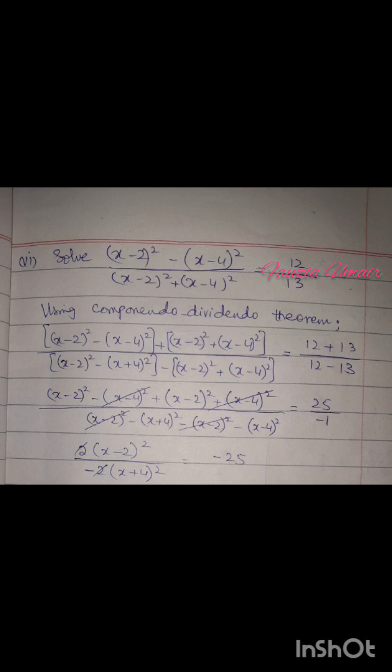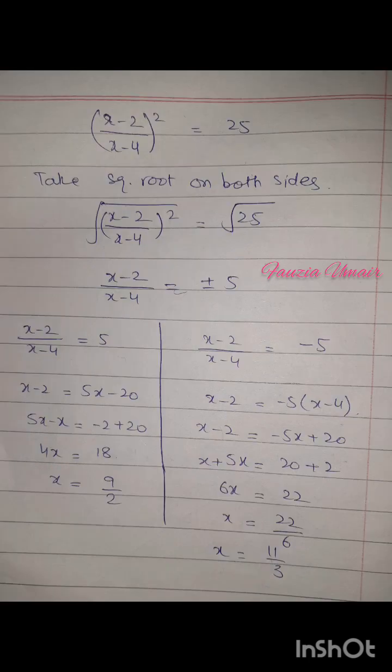Now my whole A is the expression given in the numerator, and the whole B is the expression given in the denominator. I will apply the theorem, I will simplify, and then I will take square root. After that I will get two values of square root, which is plus minus 5. So I will solve them separately to get two values of x.